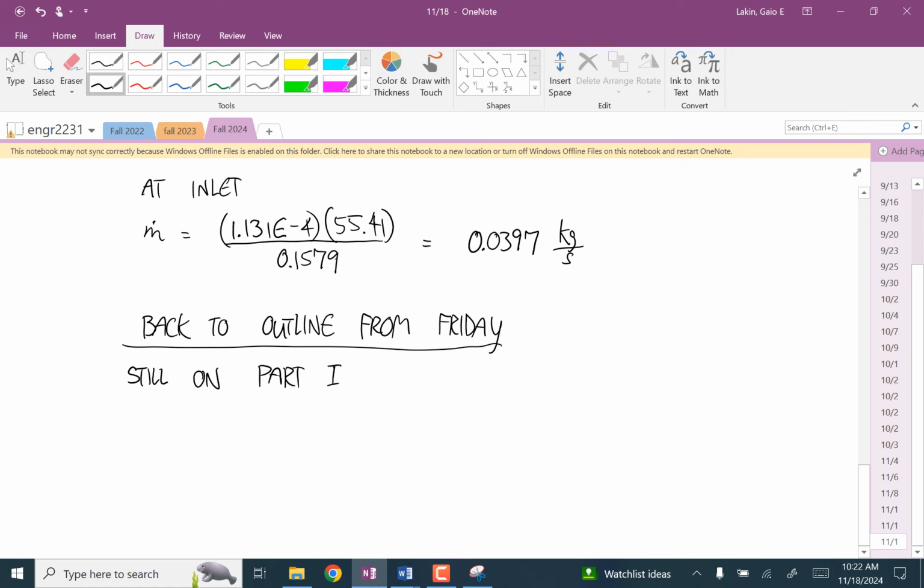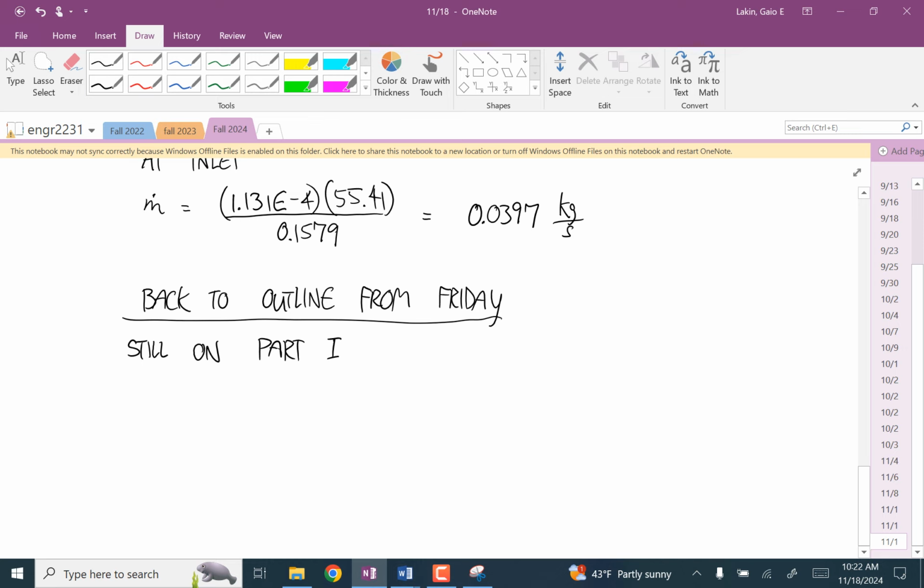We talked about the first law for closed systems, and then we talked about the differential form of the first law for closed systems, and the last thing is for part C. We have the first law for control volumes.